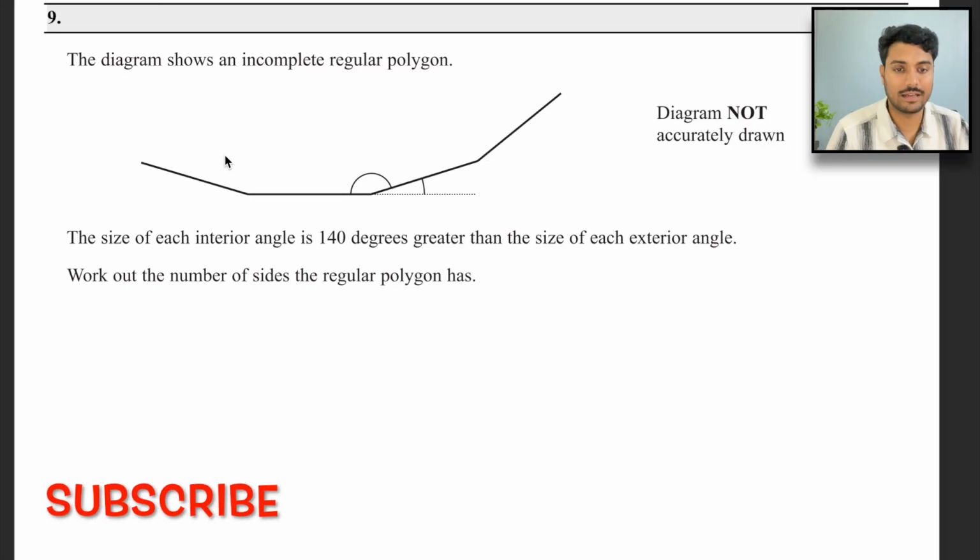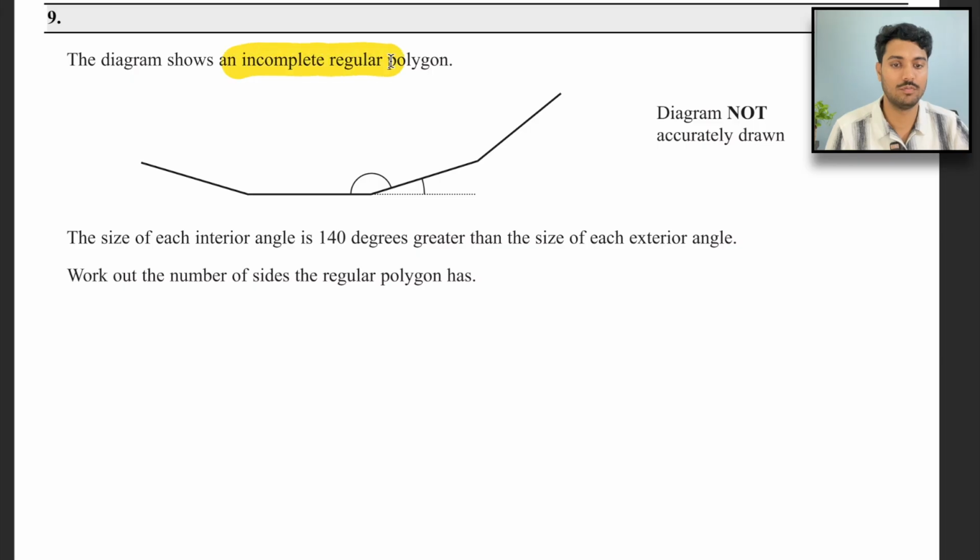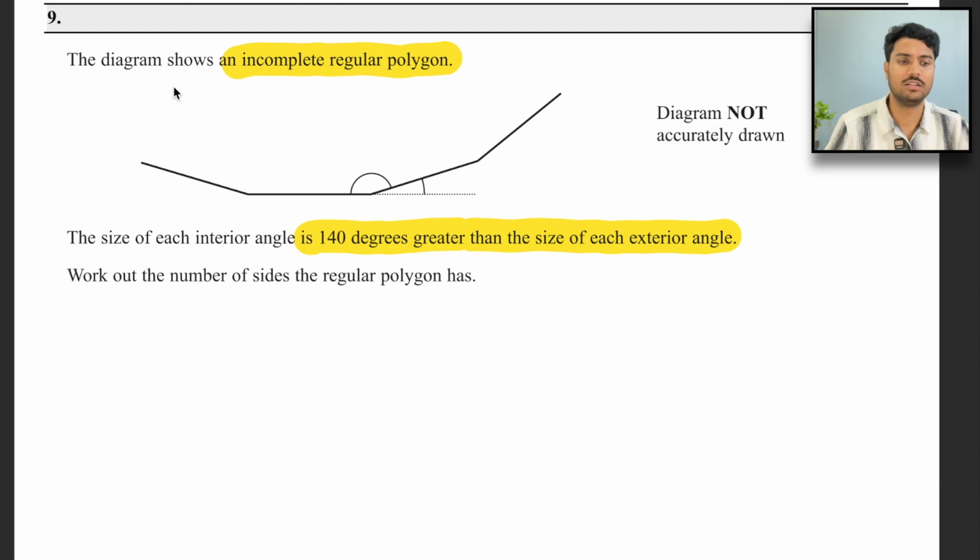Question number 9, it says the diagram shows an incomplete regular polygon. The size of each interior angle is 140 degrees greater than the size of each interior angle. Work out the number of sides of the polygon.